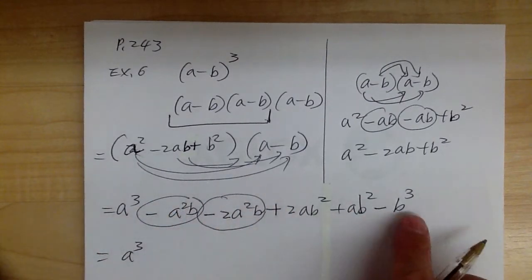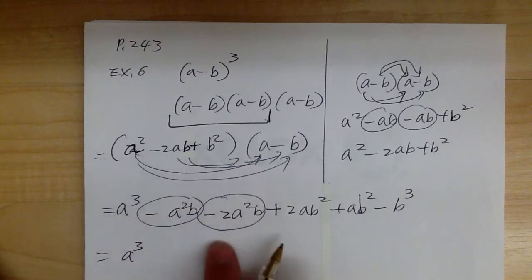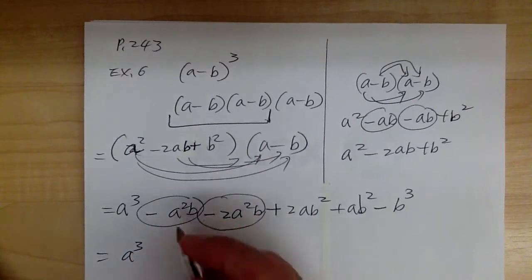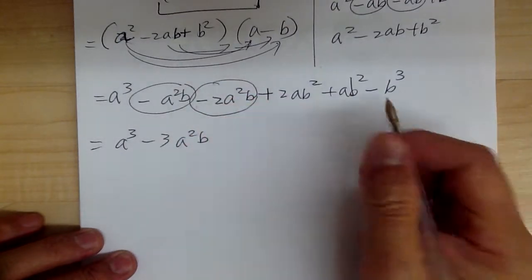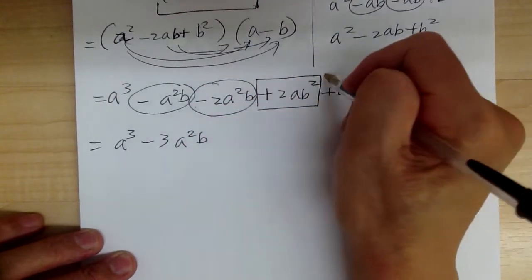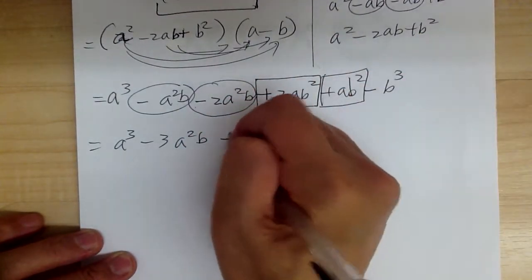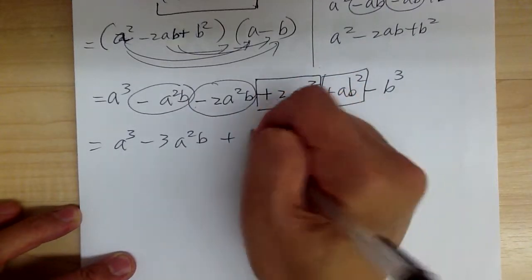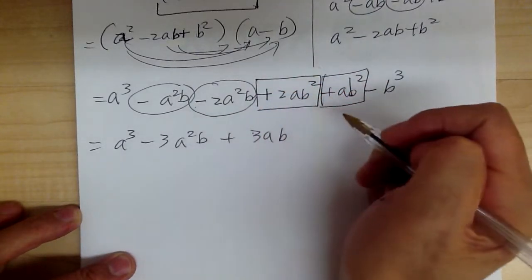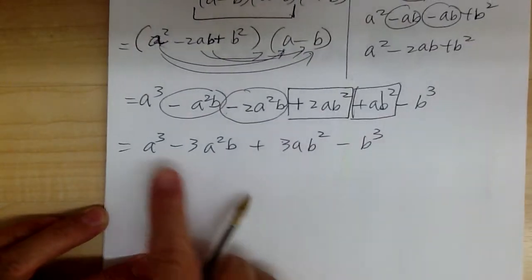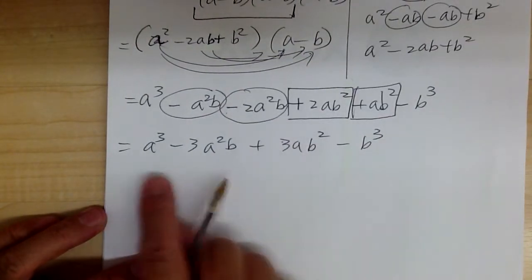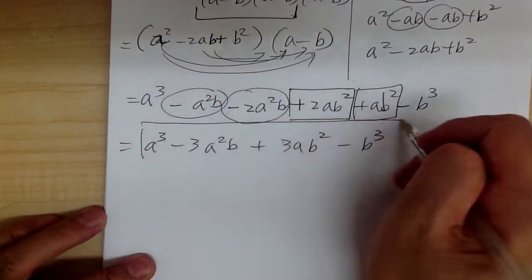So this one is only by itself, so you don't have anything to combine it with. So keep that. So this one and this one give you minus 3 a squared b. This one over here and this one over here will give you plus 3ab squared. And this one will be minus b cubed. And so that's what you have. That will be your answer.